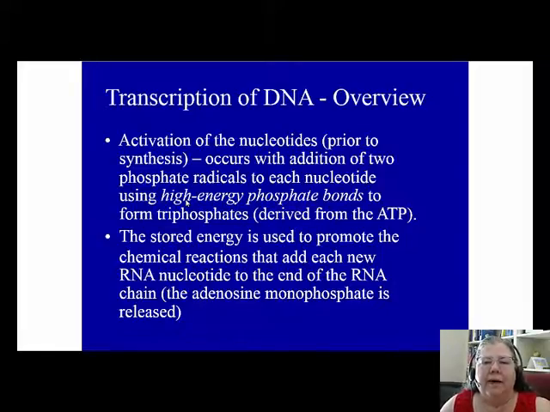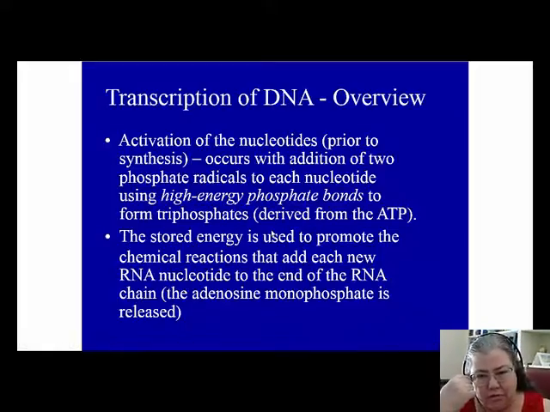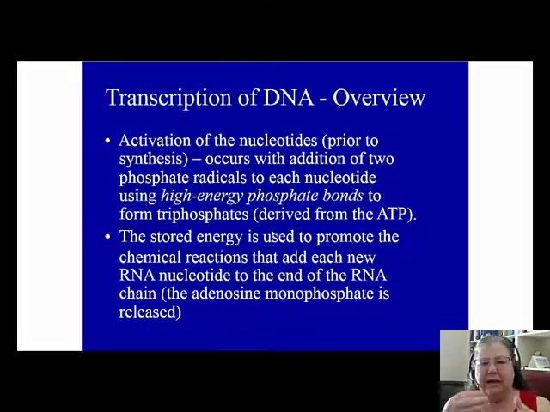The phosphates from ATP are used to store energy to synthesize the RNA, to promote the reactions that are important for adding the next nucleotide to the RNA chain as the process is continuing, creating RNA from DNA.